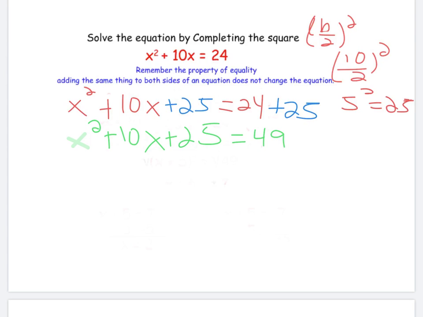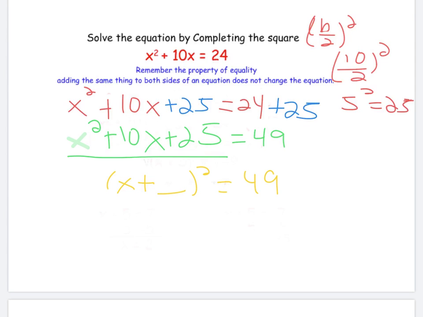So now I want to look at factoring this left-hand side. If I factor this, that should be a perfect square. So I'm going to have x plus something squared is equal to 49.